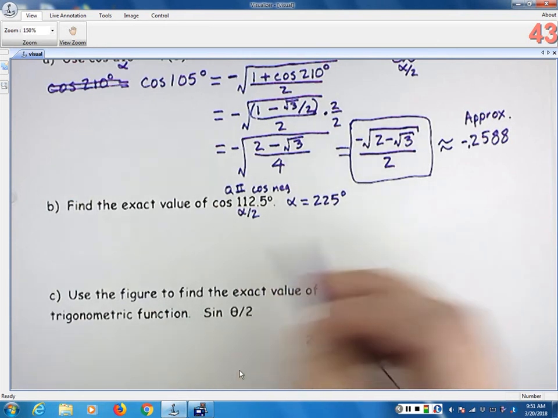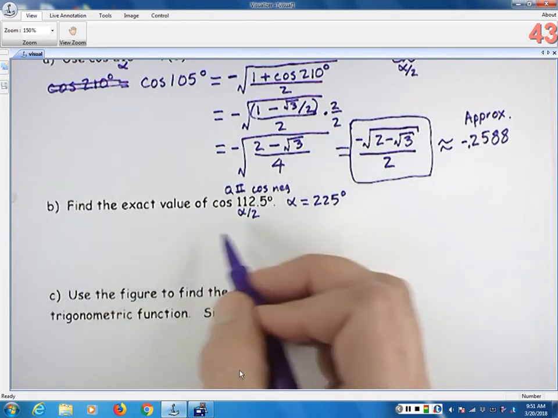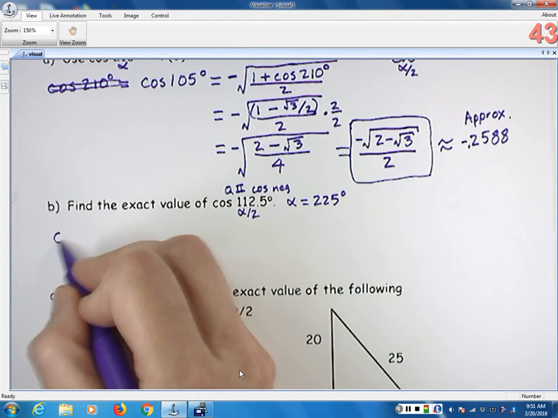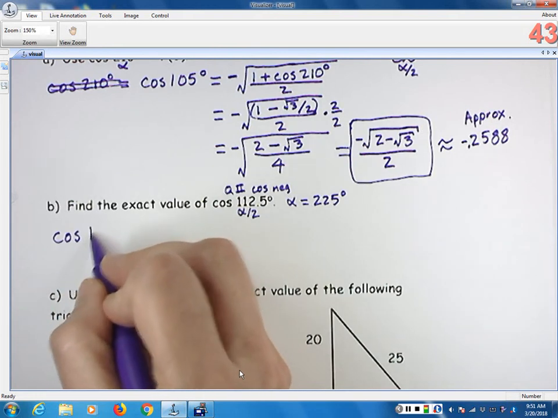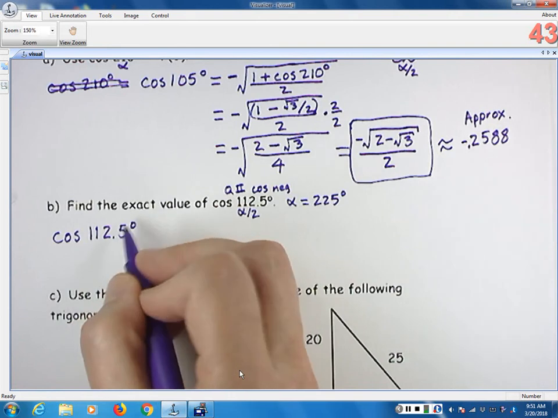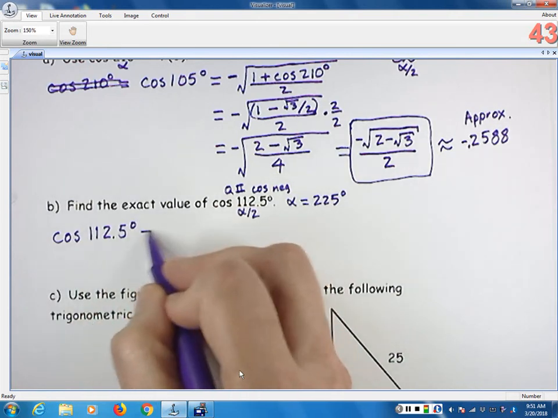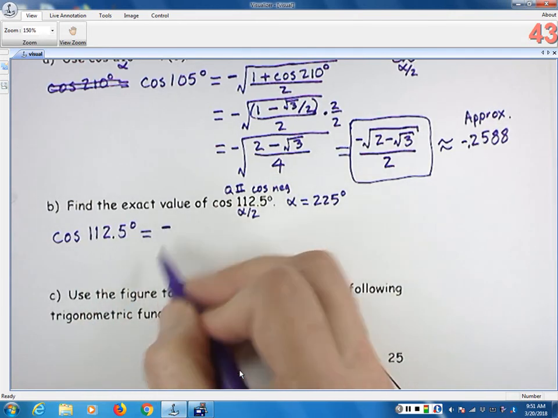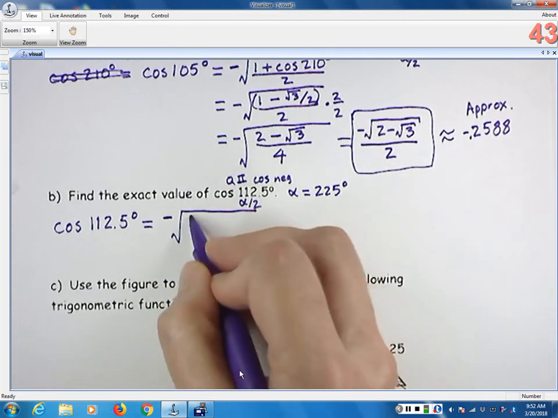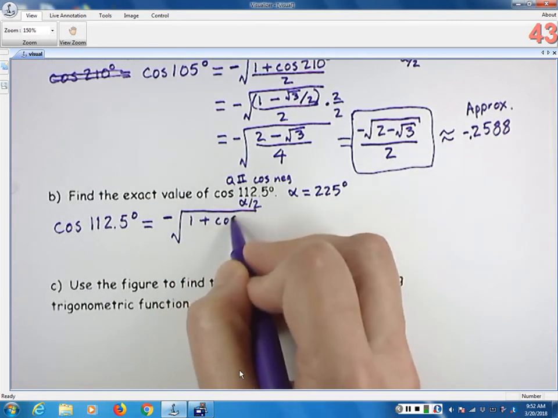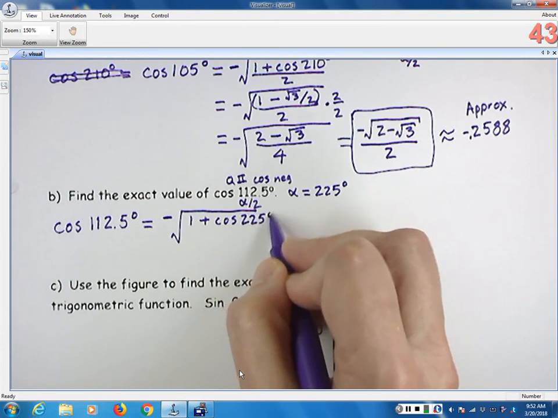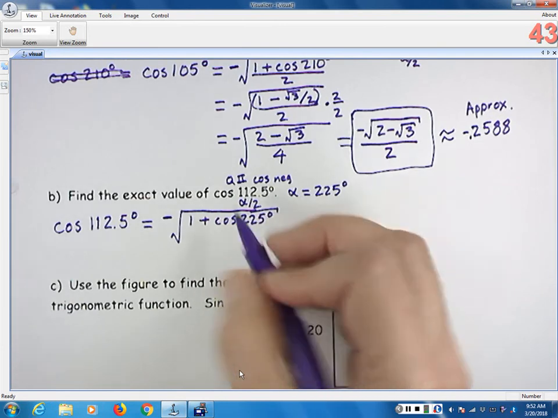All right, so to find the exact value, cosine of 112.5 degrees equals negative, pick the negative, square root of 1 plus cosine of the double angle, twice that, 225, divided by 2.